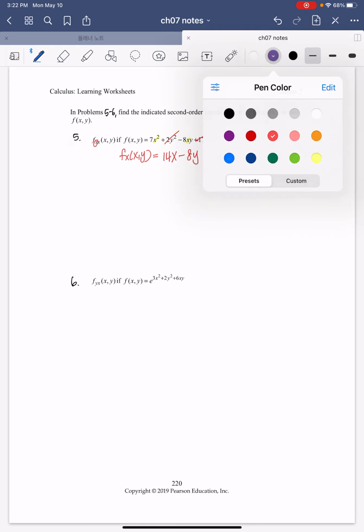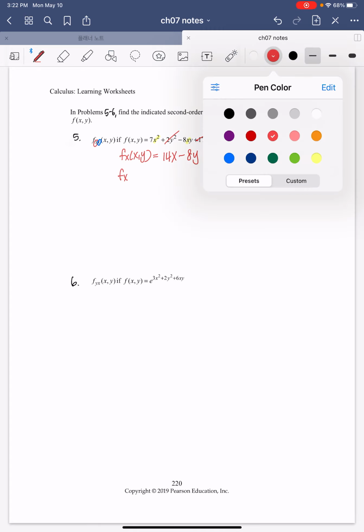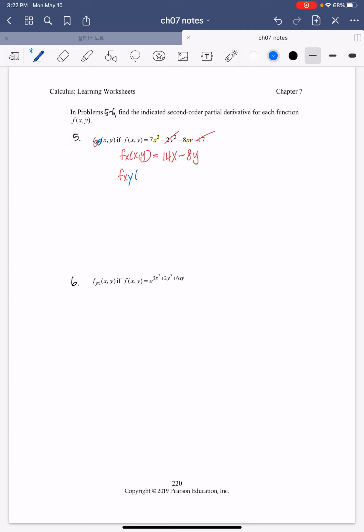Now, we are not done. They want you to take another partial derivative, second time with respect to x again. So whatever we did here, I'm going to take this time with respect to y. So my y is the variable. So 14x, that will be the constant. So they disappear.